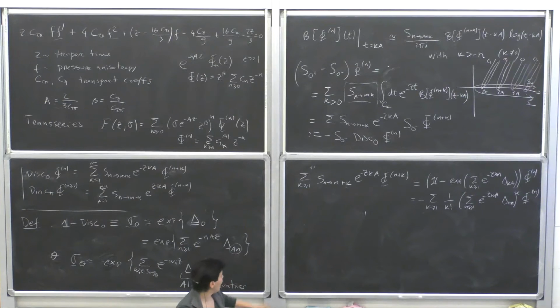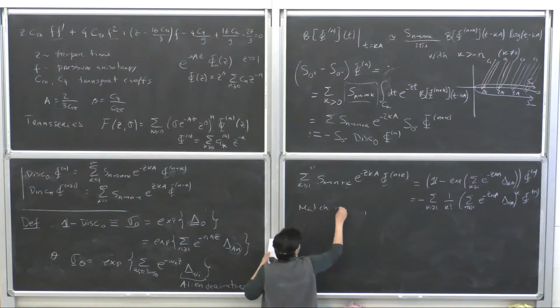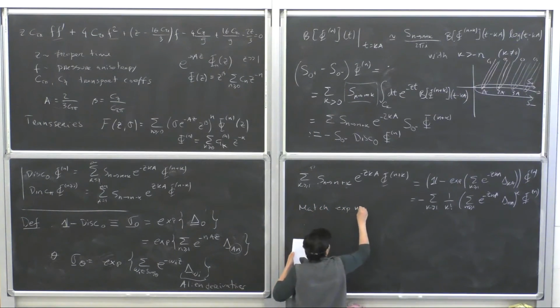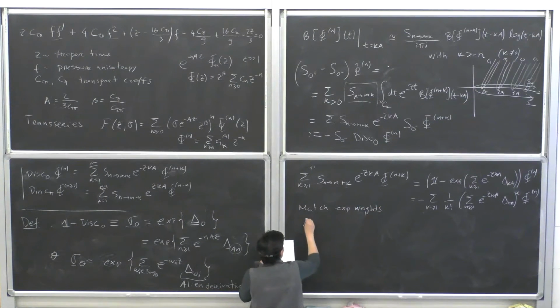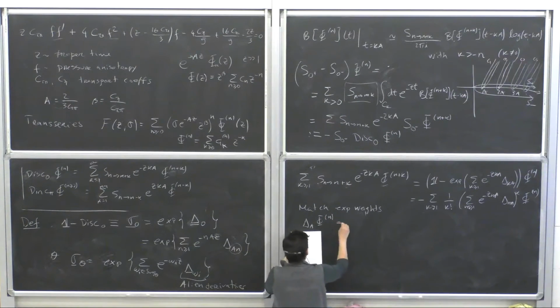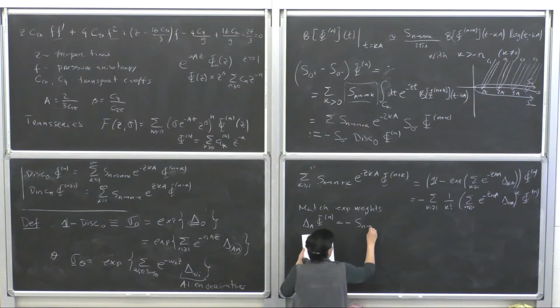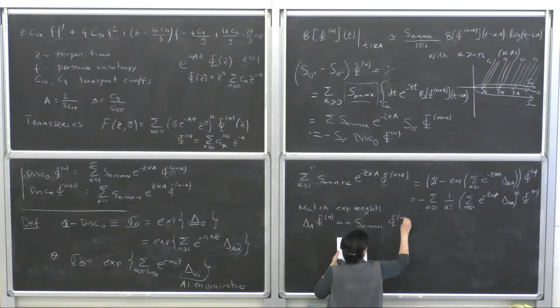And now I can match exponential weights on each side. And if I match exponential weights, what I get is that delta a of phi n is equal to minus S n goes to n plus 1 phi n plus 1.